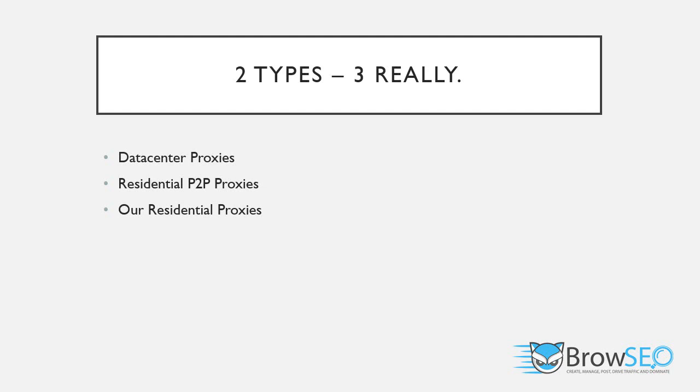It's the zombie computer apocalypse residential peer-to-peer solution, where you're literally getting users zombifying computers and using their actual connection. So it's very unreliable, it's residential, but it's not ideal, very unscalable in most cases, and you definitely don't have the ability to pick and choose which proxies you need and want to use.